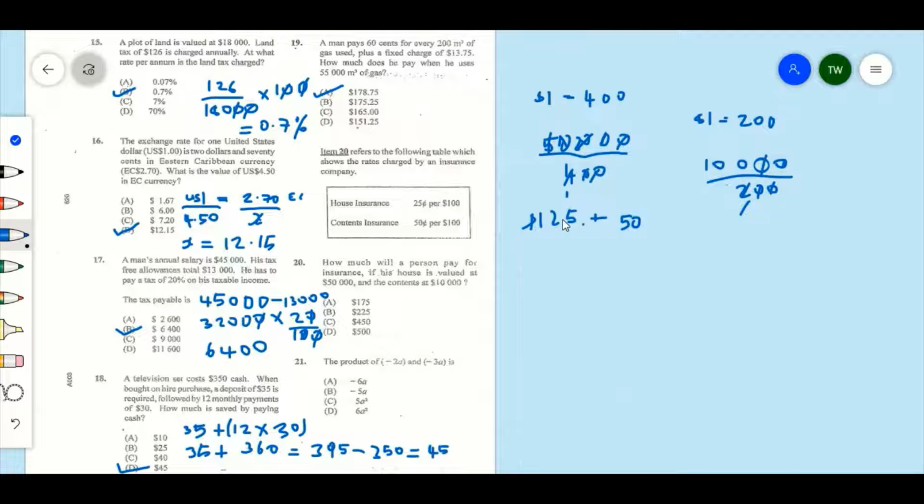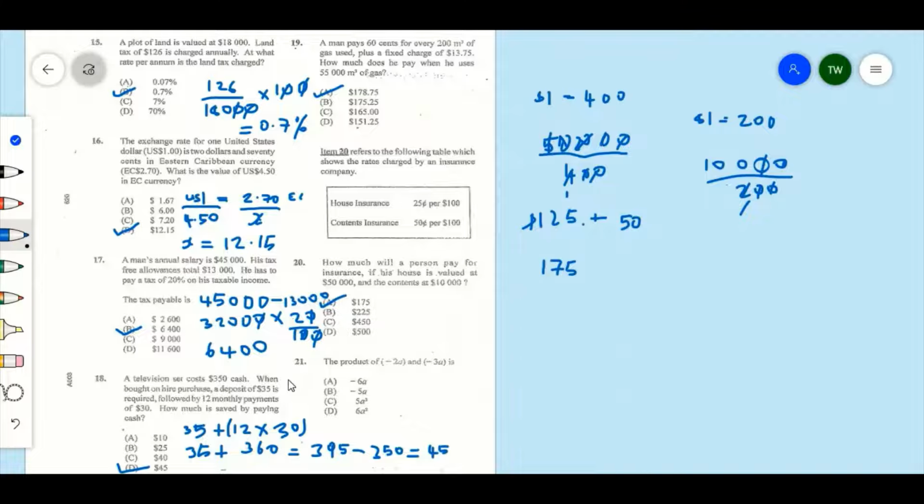So 50 plus 125 gives us 175. So our answer here is going to be A. Alright, so the person will pay $175.